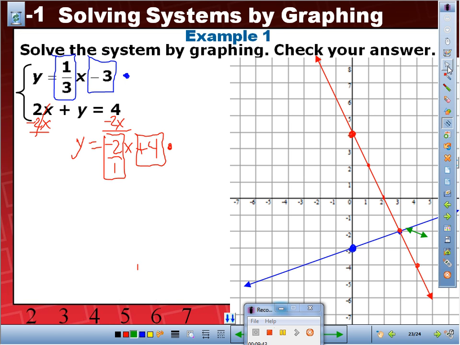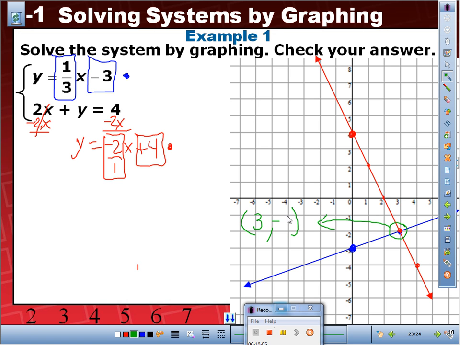In green, I'm going to go ahead and circle this spot. I'm going to point an arrow this way and write a coordinate. The coordinate for that point, let's see, is 3 for x, negative 2 for y.